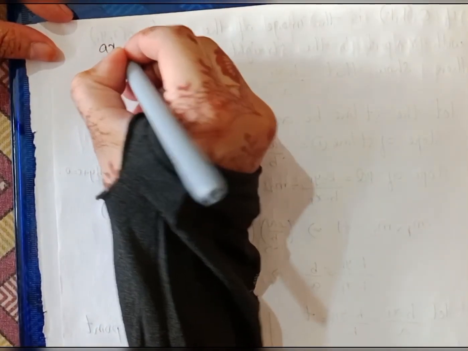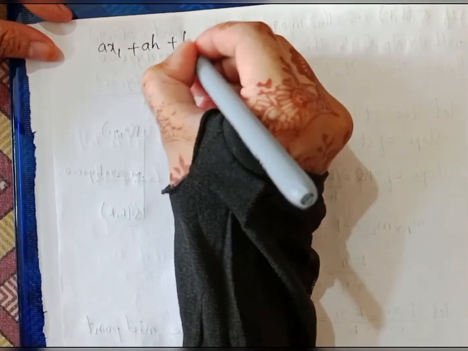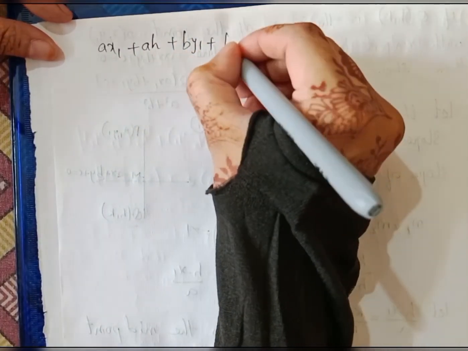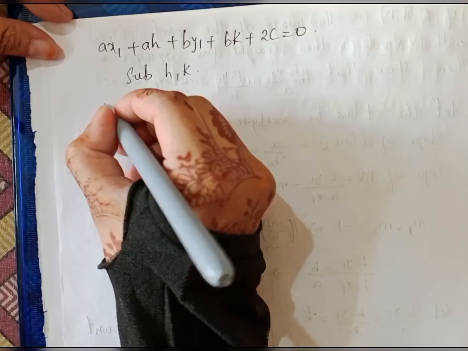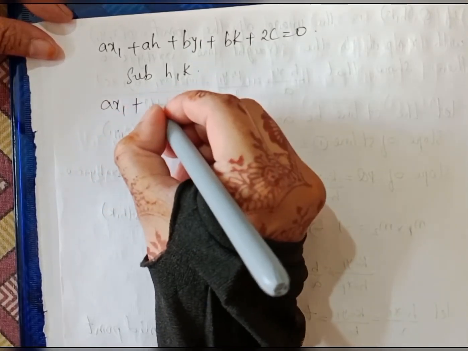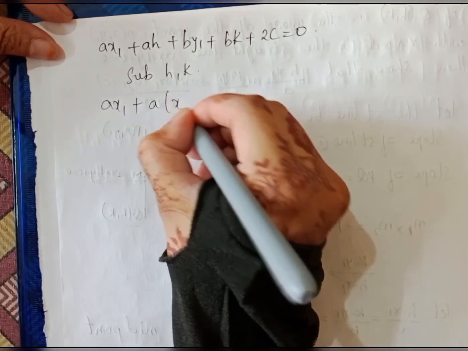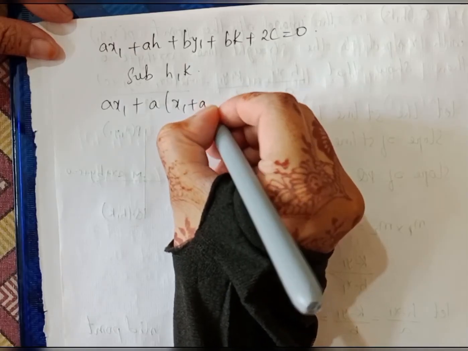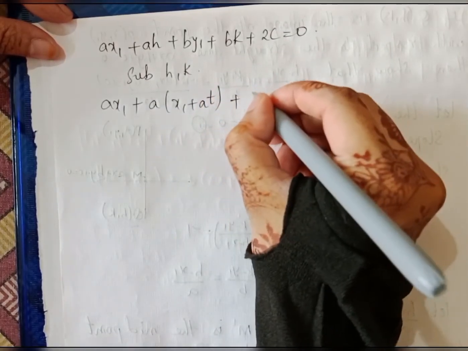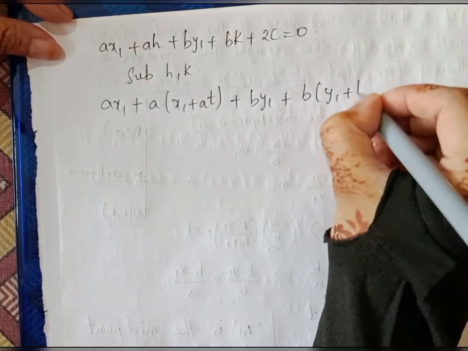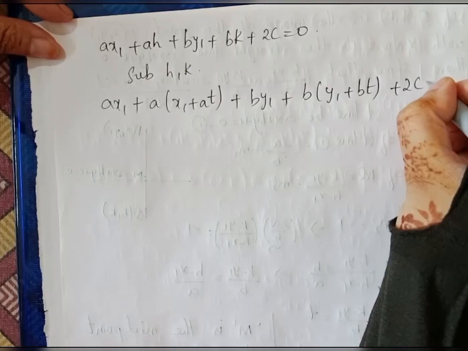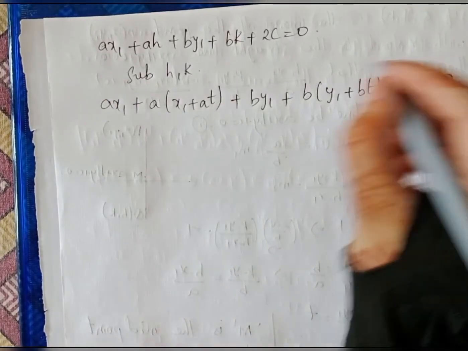So it is ax1 plus ah plus by1 plus bk plus 2c equals to 0. Substitute h and k values. So it is ax1 plus a into (x1 plus at) plus by1 plus b into (y1 plus bt) plus 2c equals to 0.